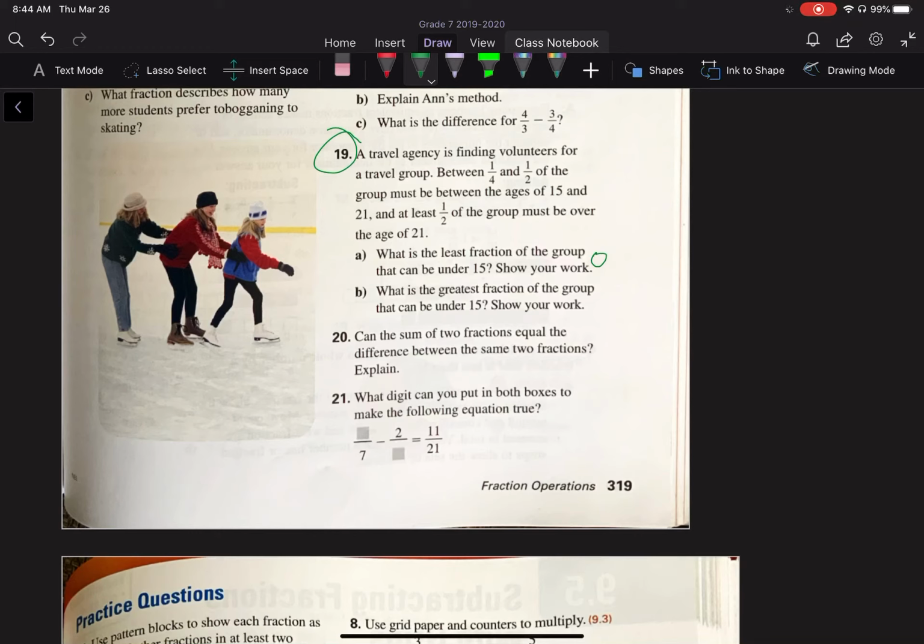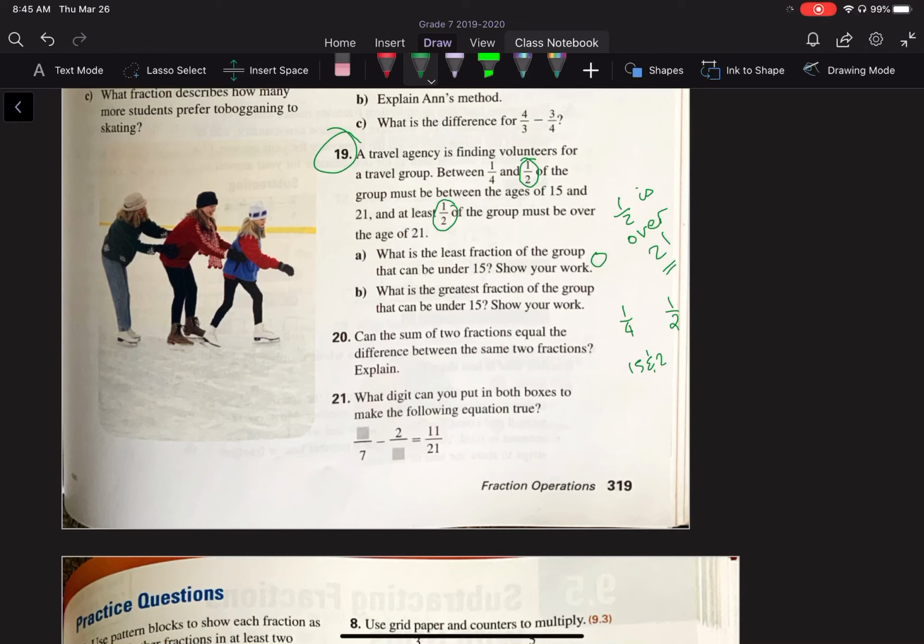Because if this ends up being a half, and I already know at least a half is over 21, so half is over 21, and I also have a possibility of between a quarter and a half being between 15 and 21.